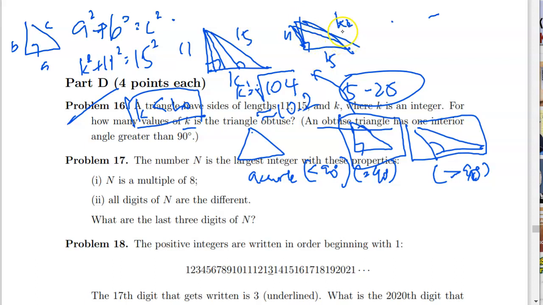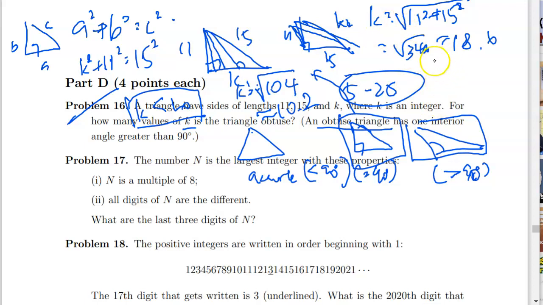And then here we assume k is the longest side, so k equals the square root of 11 squared plus 15 squared, which is the square root of 346, somewhere around 18.6. So our k needs to be larger than 18. We have these two kinds of k: one is k smaller than 10, one is k larger than 18.